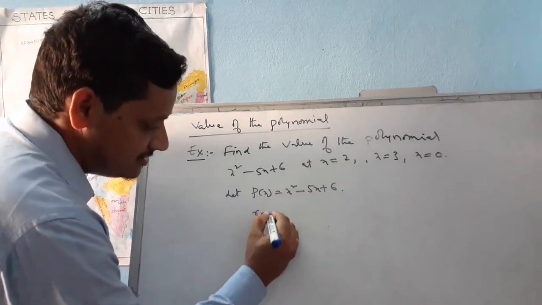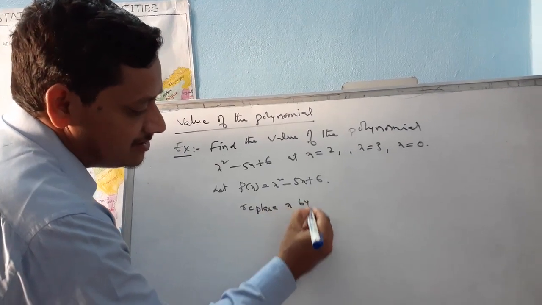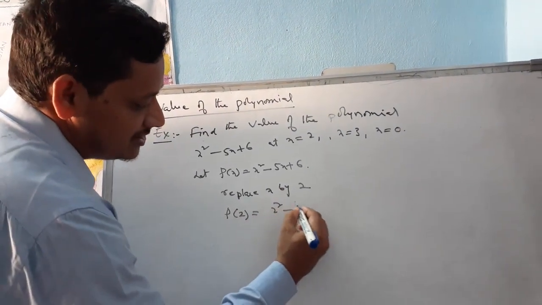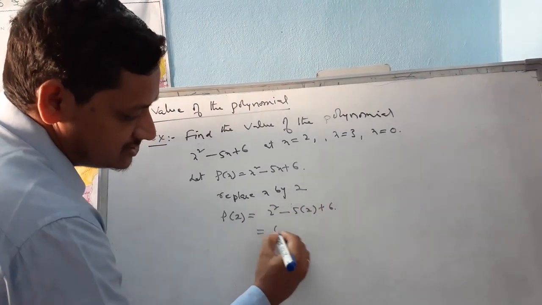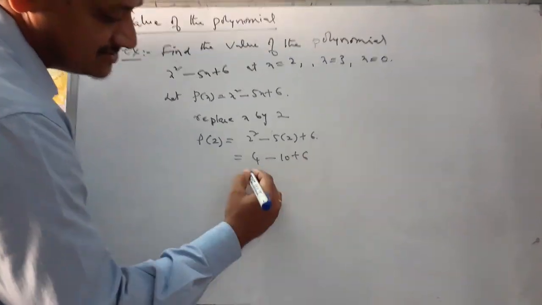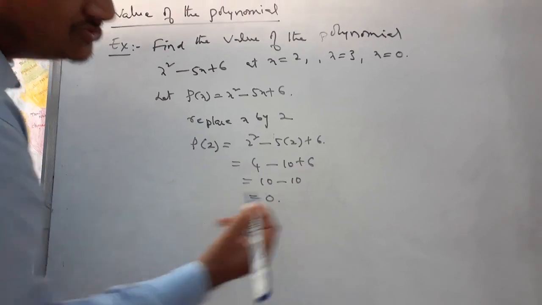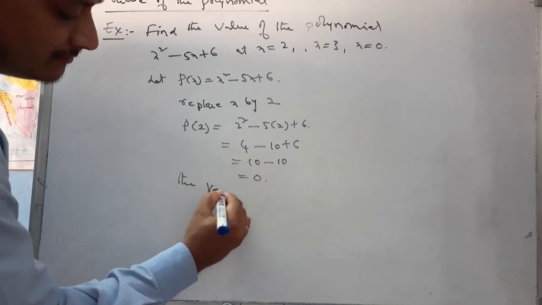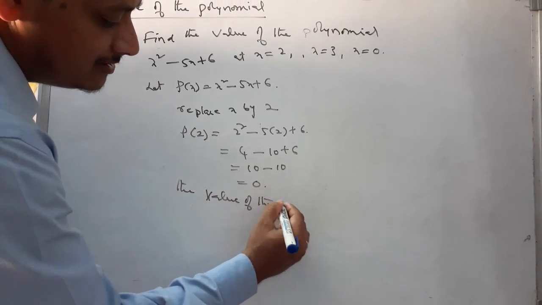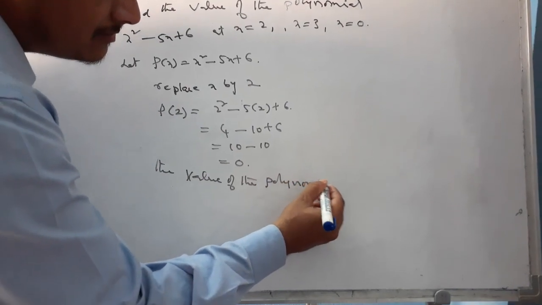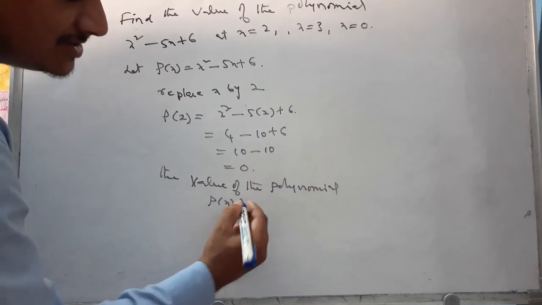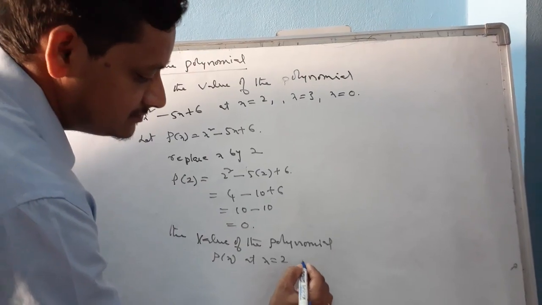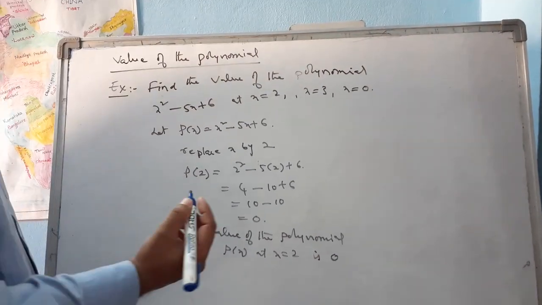Now replace x by 2. So we will get p of 2 is equal to 2 square minus 5 into 2 plus 6. So that is 4 minus 10 plus 6, that is 10 minus 10, that is equal to 0. So the value of the polynomial p of x at x is equal to 2 is 0.